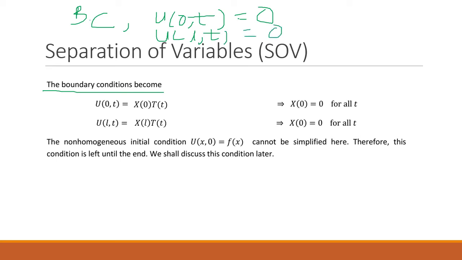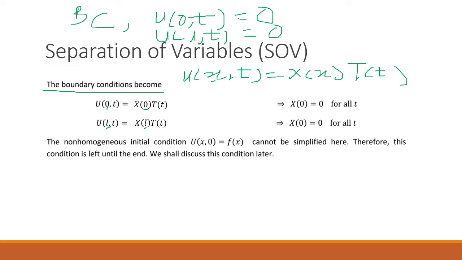Okay, so untuk buat separation of variable, kita guna U(x,t) equal to X(x)T(t). Okay, so dekat sini bila X tu equal to 0, jadi kita gantikanlah X dekat sini dengan 0. Dan bila dekat sini X equal to L, so you gantikan X dekat sini dengan L.